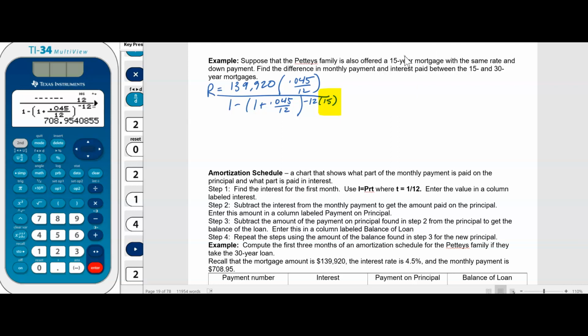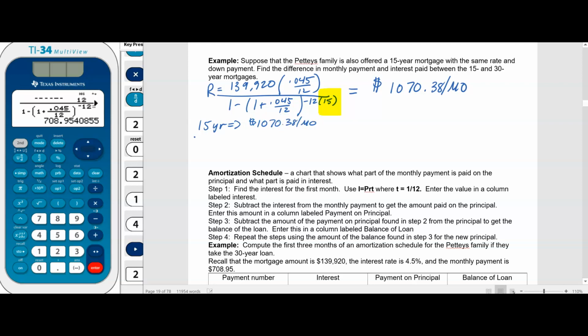So we're changing one number. And since I've done quite a bit of these, I'm just going to write down the answer here. So the answer is $1,070.38 a month.